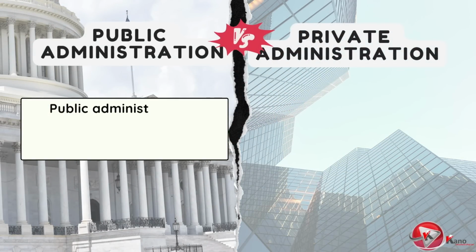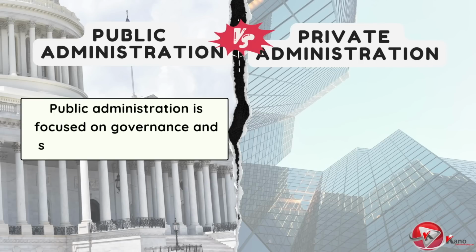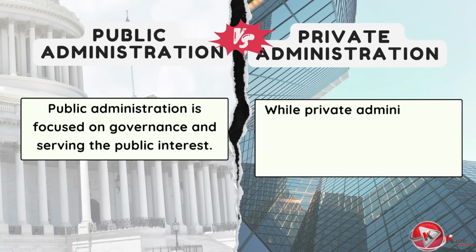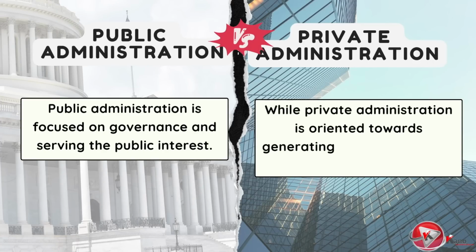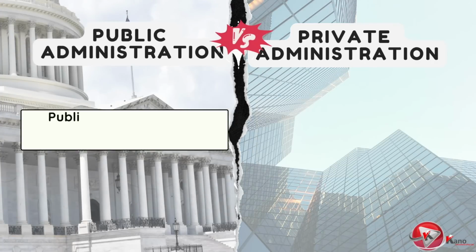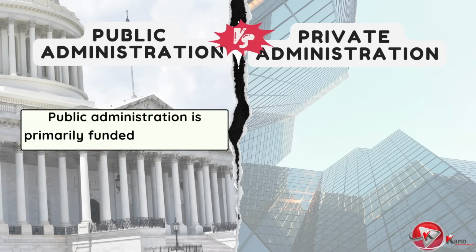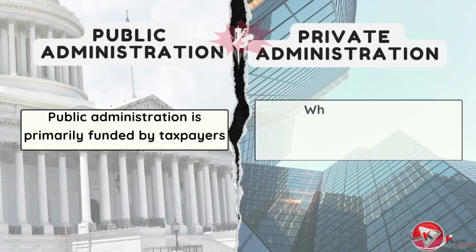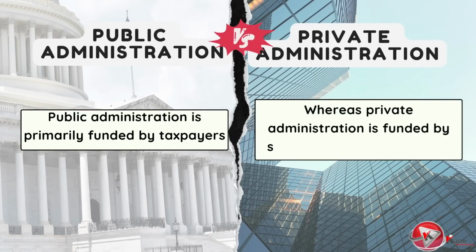Public administration is focused on governance and serving the public interest, while private administration is oriented towards generating profits and fulfilling stakeholder interests. Public administration is primarily funded by taxpayers, whereas private administration is funded by shareholders and investors.